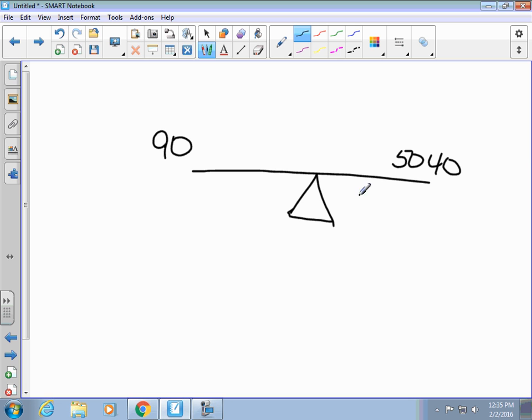Sometimes here was my 90, and over here was my 50, okay? My balance point is going to have to shift. Have you ever tried to balance something and you have to change your hand location because it's a little heavier on one side, so you're having to put more over on the heavier side? That's kind of what they mean too.